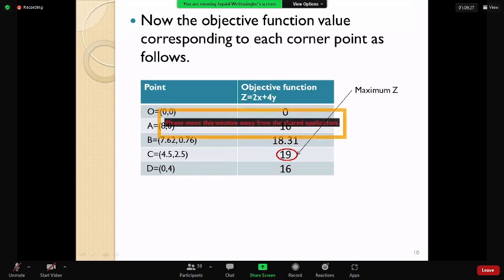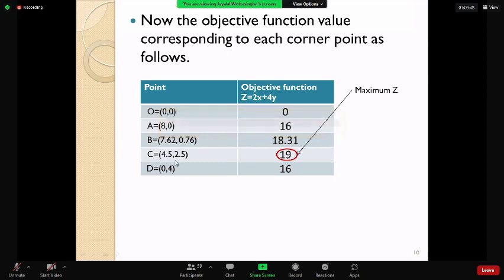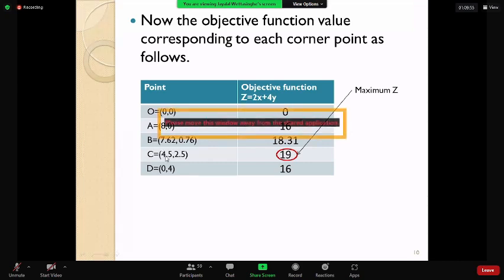That is the X and Y that give us the maximum Z. Any other coordinates in the feasible region definitely give you a value lesser than 19. If you want, you can check. There are an infinite number of points in the feasible region. If you take any point other than 4.5 and 2.5, it definitely gives you a value less than 19. So this is the only point that gives the maximum value for Z.